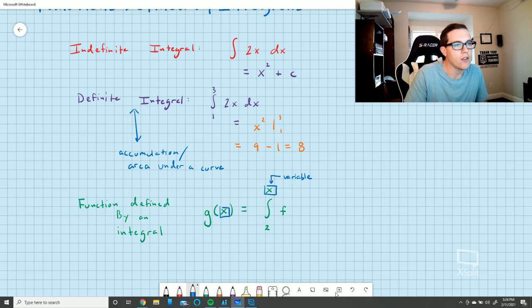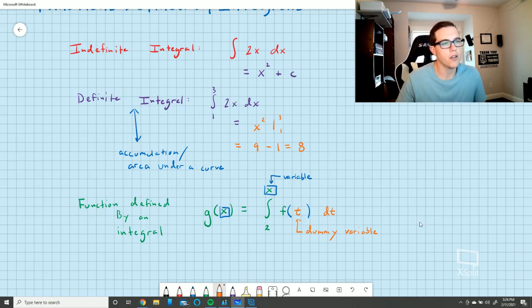We can't use x inside the integral because we're already using it as our variable on the bound. So we use something called a dummy variable, another variable. Typically it's t, to just work as a placeholder when we start doing these calculations.